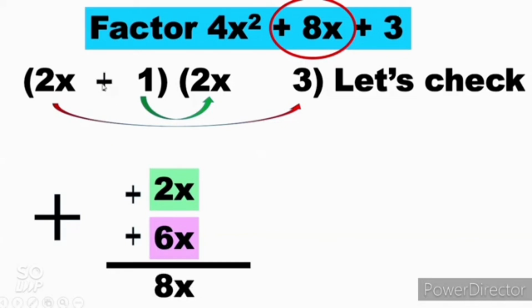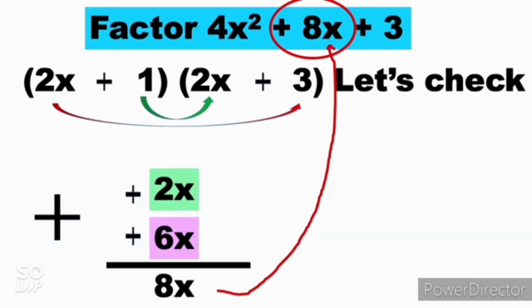Okay, therefore, since positive ang 2x, dapat positive ang middle sign ng first factor. Okay, and then positive 6x, kaya ang middle sign ng pangalawang factor na 2x and 3 is positive din. Okay, so dapat yung 8x o yung result natin dito na 8x, match doon sa middle term na positive 8x.